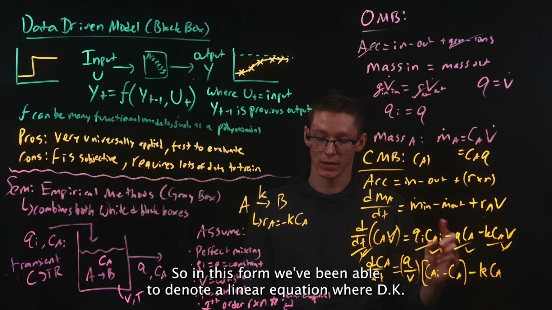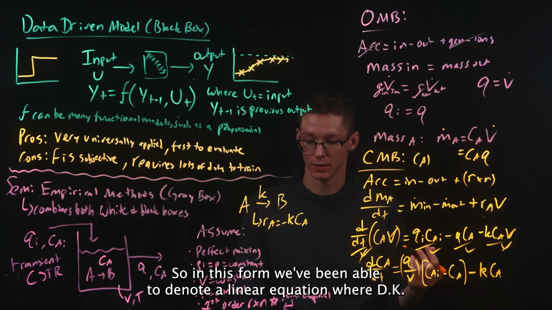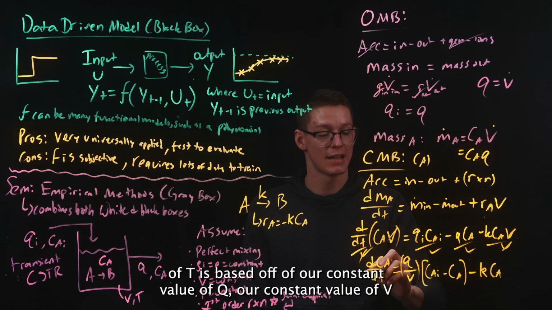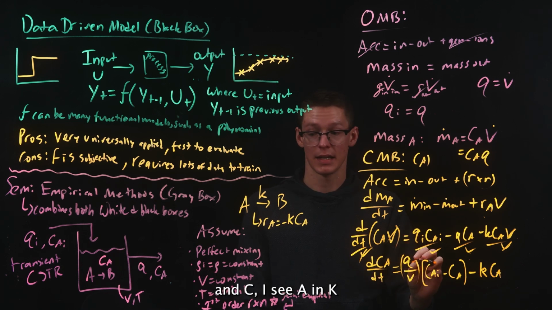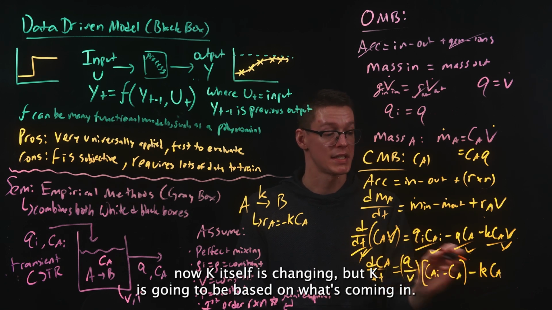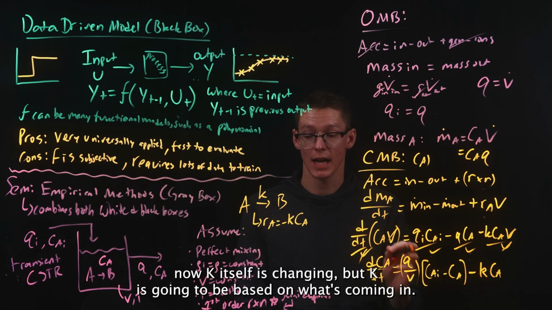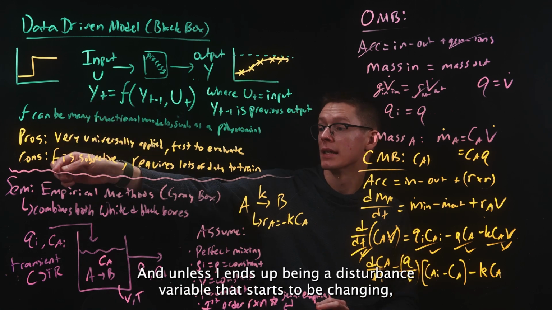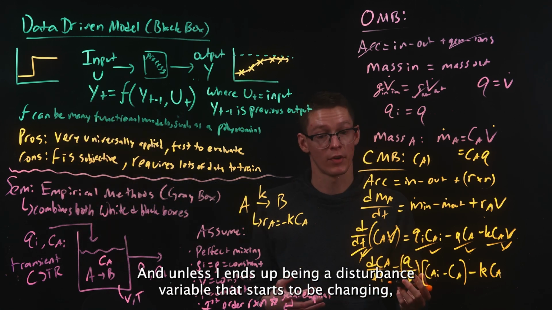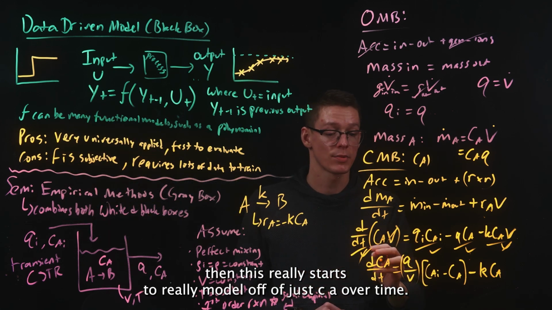So in this form, we've been able to denote a linear equation where dCA/dt is based off of our constant value of Q, our constant value of V, and CAi, CA, and k. Now, CA itself is changing, but CAi is going to be based on what's coming in. And unless CAi ends up being a disturbance variable that starts changing, then this really starts to model off of just CA over time.